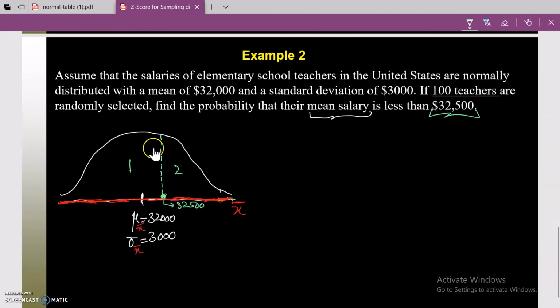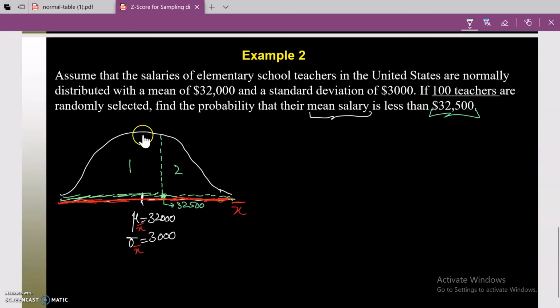Okay, so once we have numbered these two portions, the idea is to shade one of them. Which portion I'm going to shade will be told to me by the problem. The problem says that their mean salary is less than 32,500. So all the values on this side are greater than 32,500, and all the values on this side are less than 32,500.